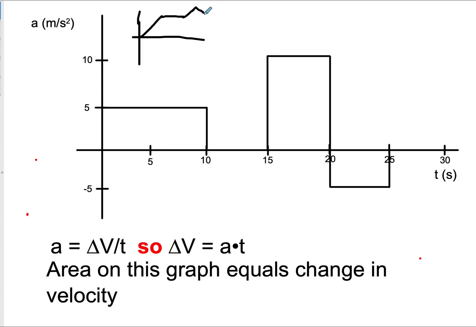Then I stop slowing down, my acceleration goes back to 0, and I continue at a constant speed. So I have my cruise control on again. If I were to take this acceleration versus time graph and make it a velocity versus time graph, it would look like that. Does that make sense? Okay.